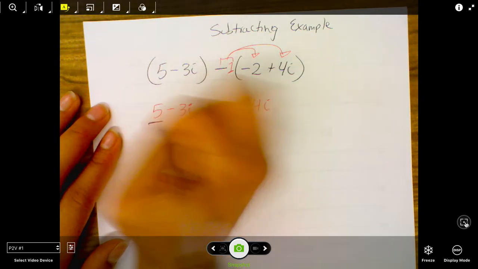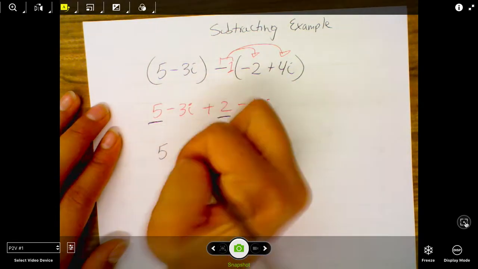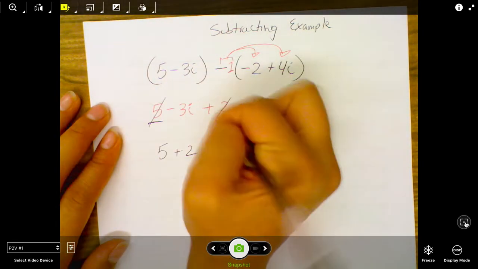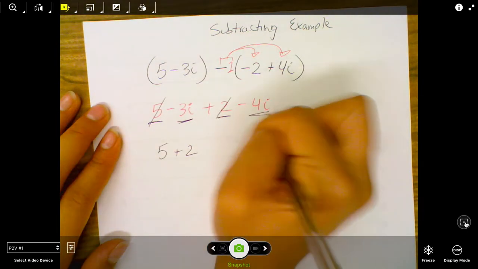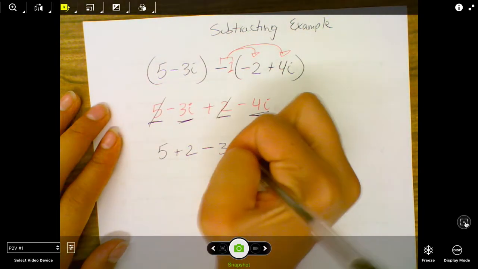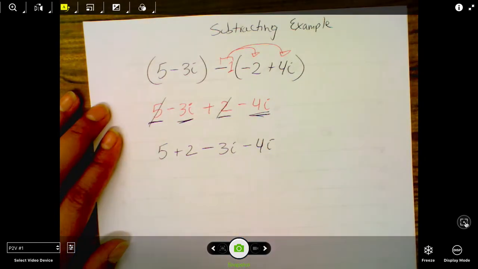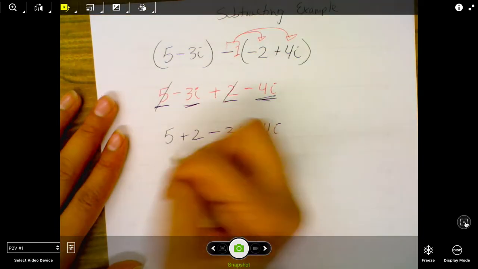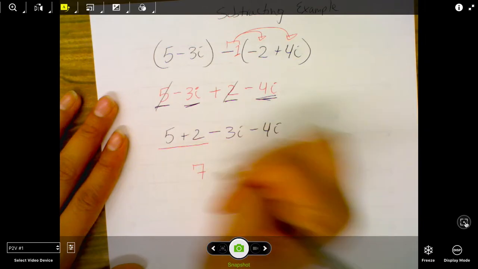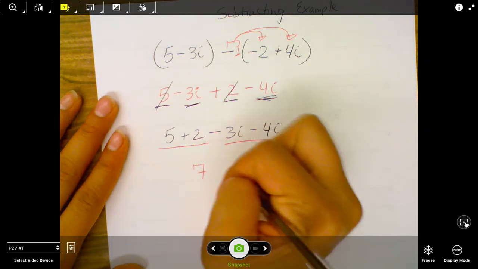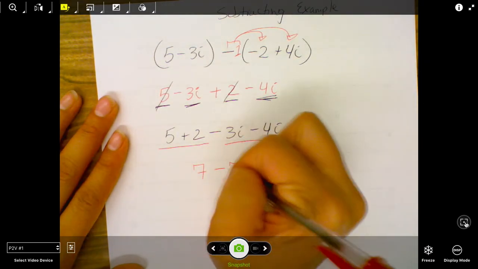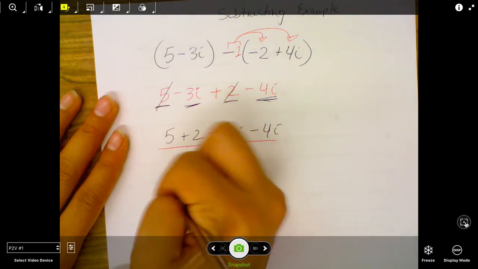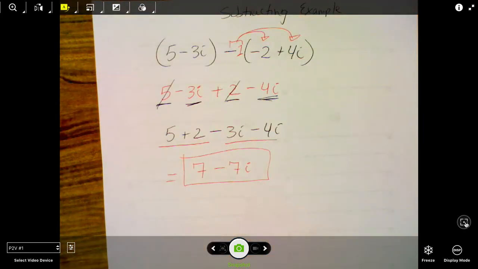Real numbers get grouped with real numbers, 5 plus 2, and imaginary numbers get grouped with imaginary numbers. Add like terms: 5 plus 2 is 7, and -3i minus 4i is -7i. And that's about as far as we can go for that example.